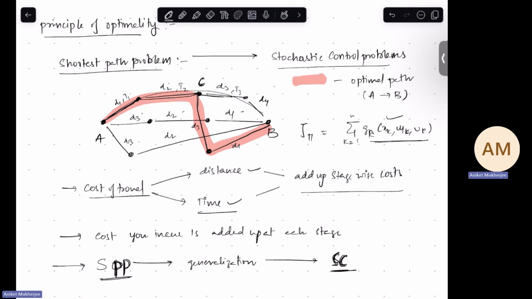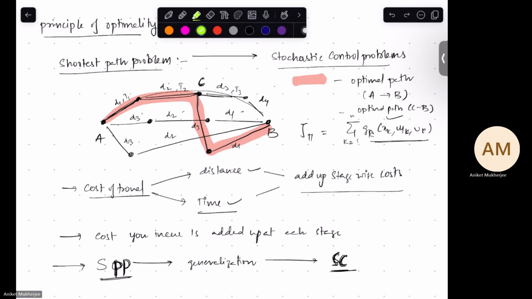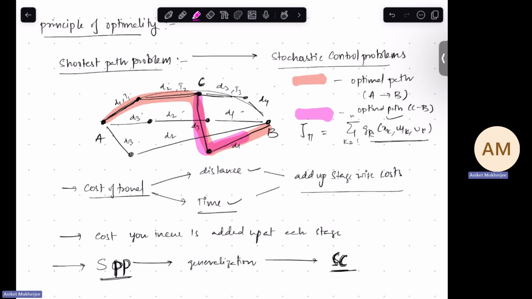then the optimal path from C to B also should be this.